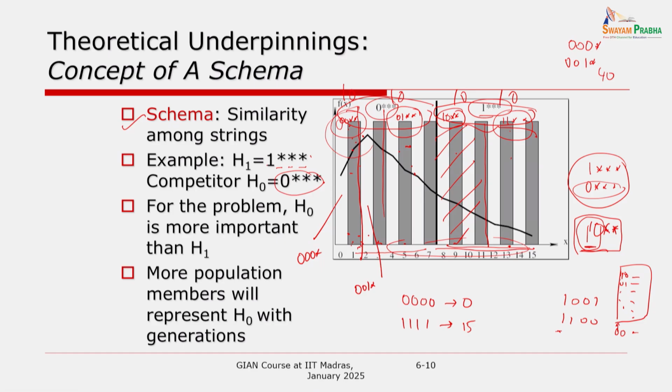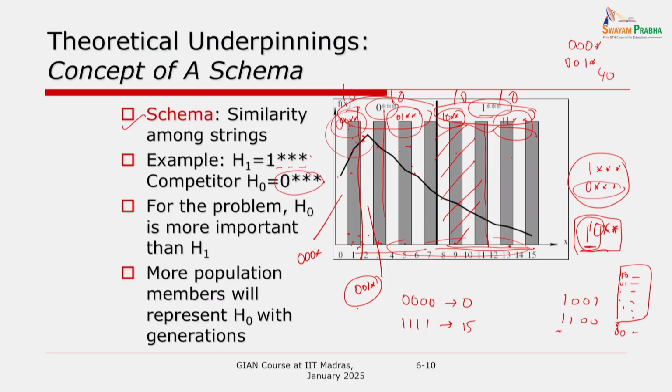Which one should win in this function? You see the highest value is here. These two have a better average fitness than these two. So this one should win. So you notice when you run a binary coded GA on this problem, first the first position becomes 0, then second position becomes 0, then third position becomes 1. Once the third position becomes 1, then you play at the string level.